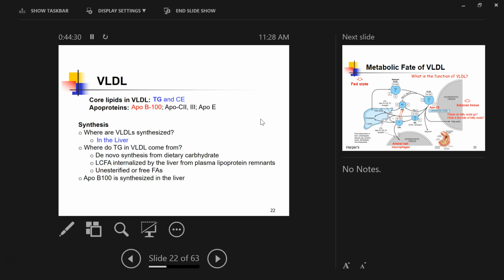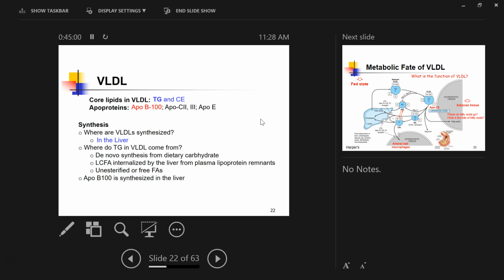So the triglyceride basically is from de novo synthesis or de novo lipogenesis. And second, the source of the fatty acids for triglyceride in VLDL is the long-chain fatty acids internalized by the liver from the plasma lipoprotein remnant.